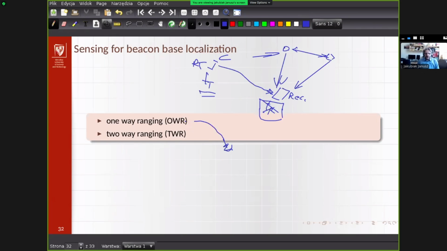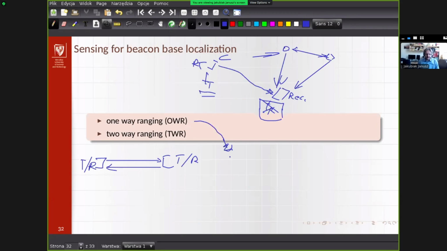Okay, that was one-way ranging, having the problem with the exact time measurements. But you can also have a two-way ranging, when you have a transmitter and receiver on one side, and a transmitter and receiver on the other side, and the measurement uses bidirectional communication.